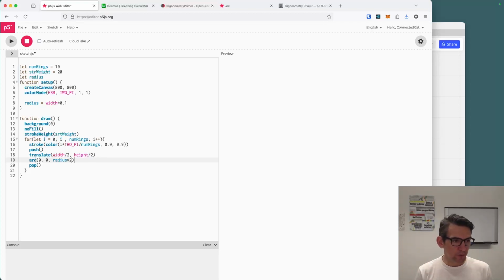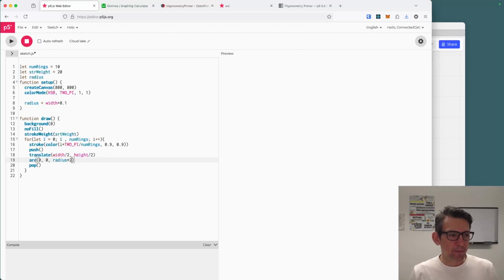So in order to do this, if you kind of got a gist of the flavor of how these operations go, I need to somehow involve the position of the ring and its size, right? So somehow it's going to be letter I in there, right? And also I need to take into account the weight of the stroke. So each one of them is going to be determined by how thick it is, right?